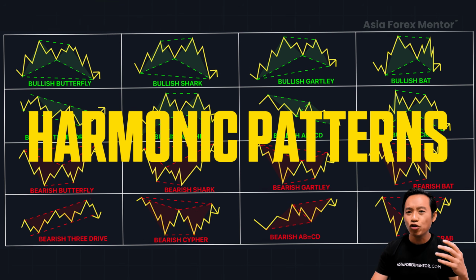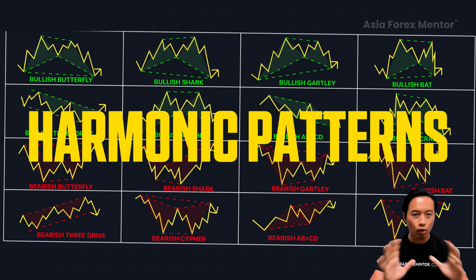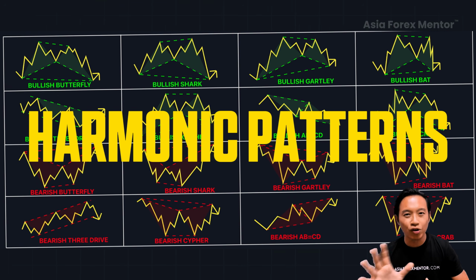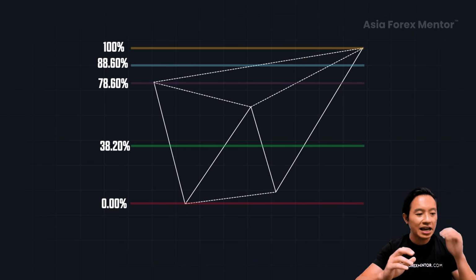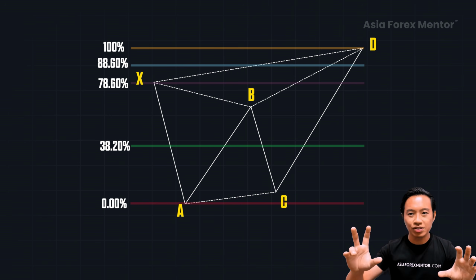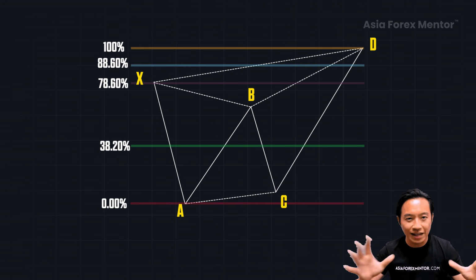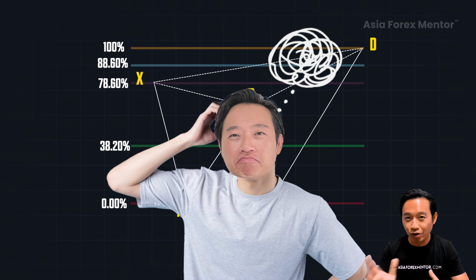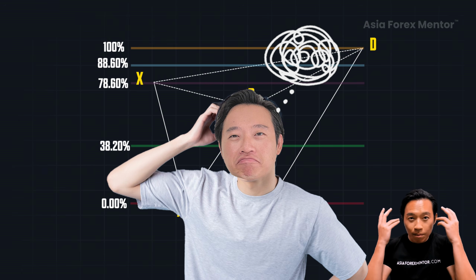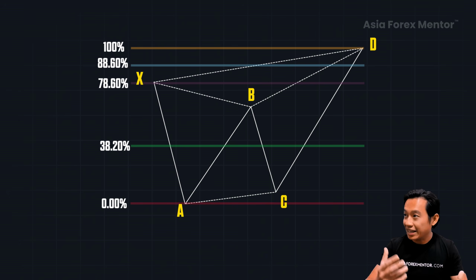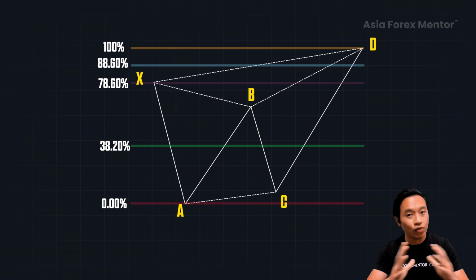But here's the thing. If you've ever tried to learn about harmonic patterns, you're probably going to come across tons of complicated Fibonacci levels, confusing X, A, B, C, D labels, and mountains of stuff that people expect you to memorize. Let's be real. You're not going to memorize all of that. I didn't know about harmonic patterns until years later when I was already profitable.